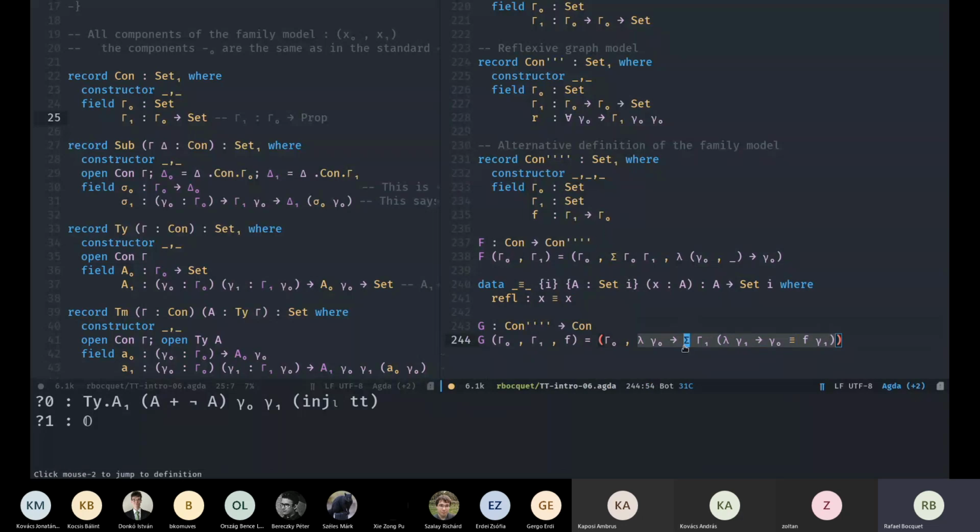So we say that the family gamma 1 consists of pairs where we have an element in this bigger gamma 1 whose restriction to gamma 0 is equal to the element of gamma 0 that we have.